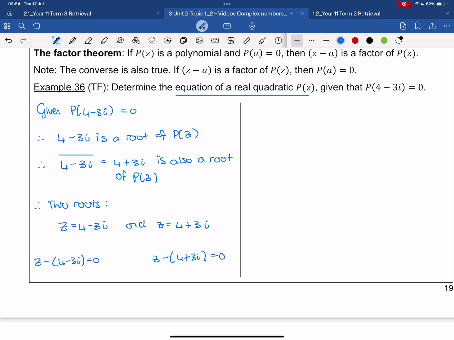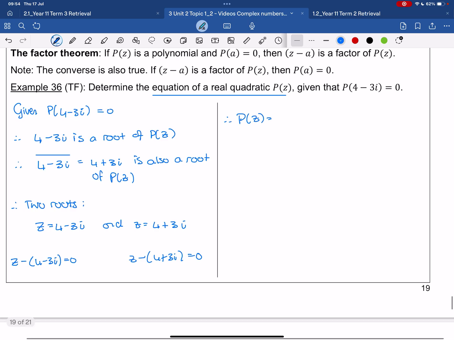Thinking back, you're working backwards from your null factor law. So therefore I can say my original p of Z must have been that multiplied by that: Z minus 4 minus 3i times Z minus 4 plus 3i.